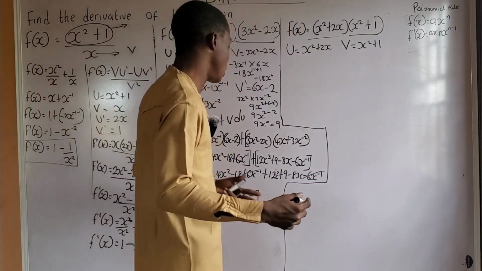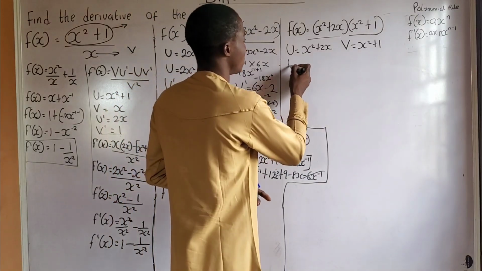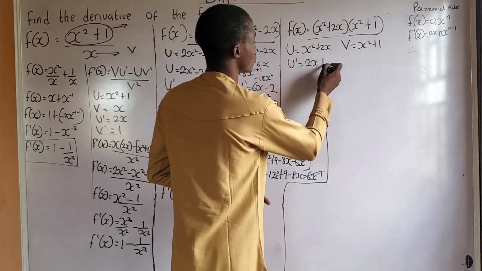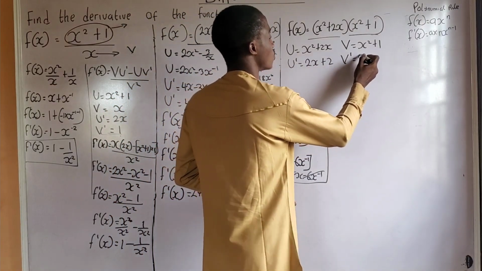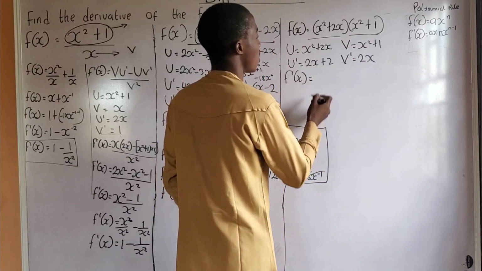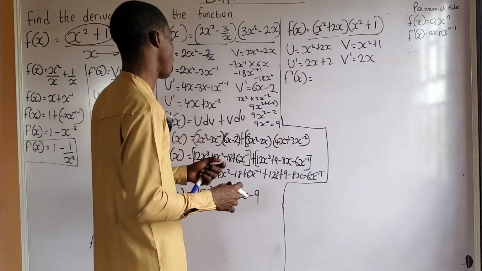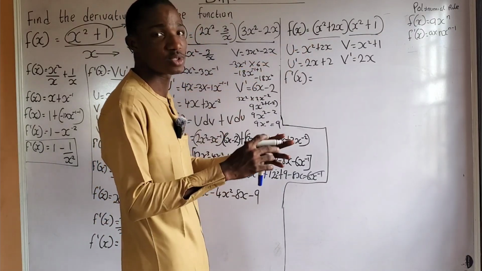From the product rule formula, we need to take the derivative of u and v. Are you getting it? So I'm going to have the derivative of u equals 2x plus 2, while the derivative of v equals 2x, right? Now, the derivative of f of x will be equal to, now we have to keep the first part constant. The first part is this. You keep it constant.